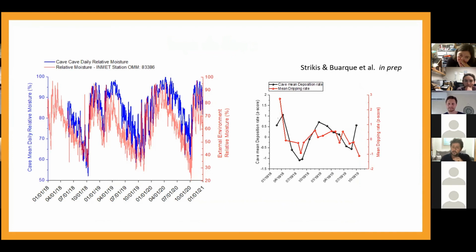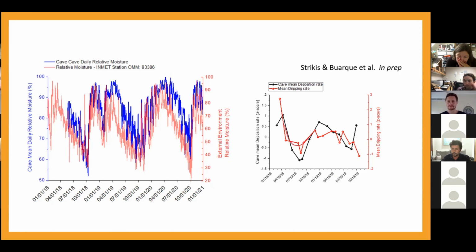And we also see a comparison between dripping rate and calcite deposition. And what happens in this condition, the calcite deposition will be driven by variation of dripping, because we can assume that CO2 is nearly constant, and the water supply will be an important driver of calcite deposition, as we've been seeing in our monitoring.